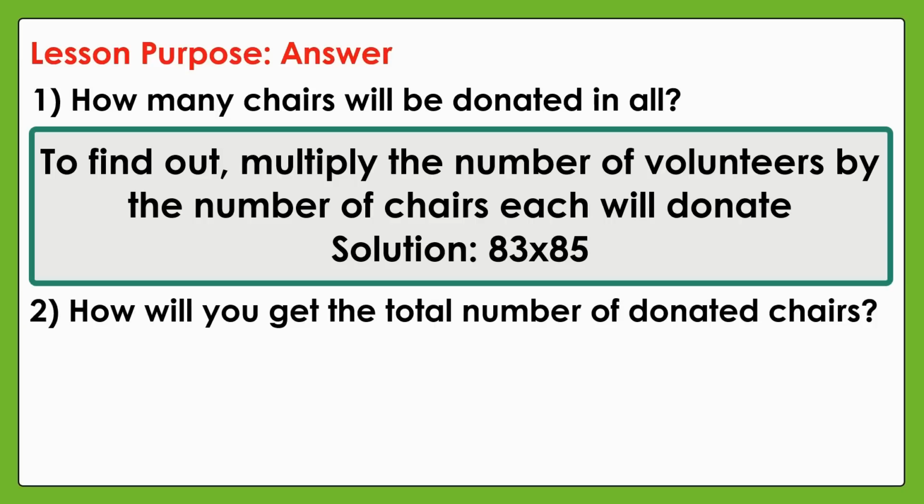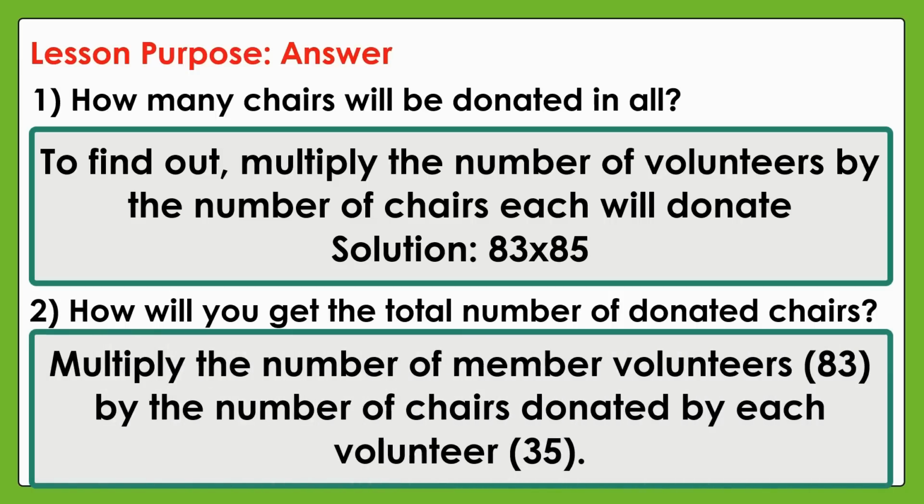Number 2, how will you get the total number of donated chairs? The answer, multiply the number of member volunteers, which is 83, by the number of chairs donated by each volunteer, which is 35.